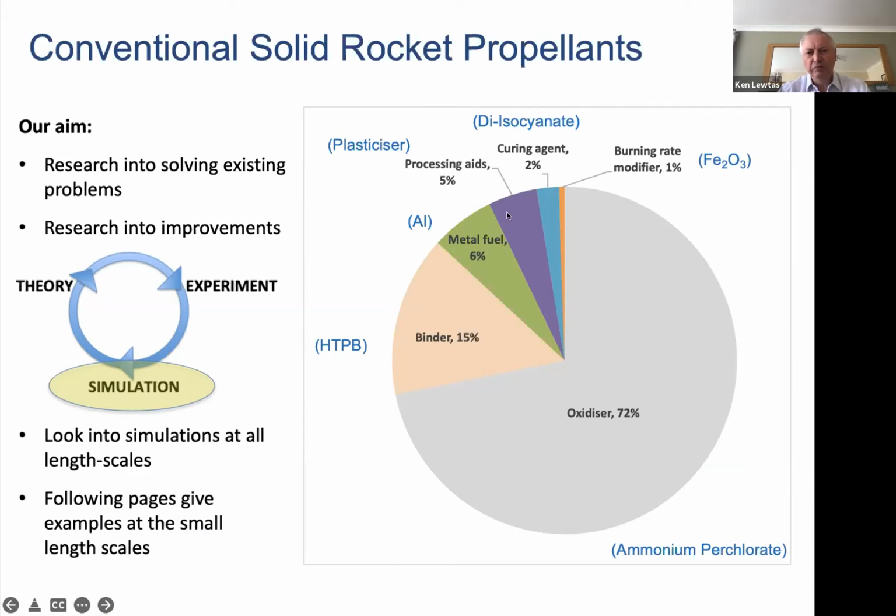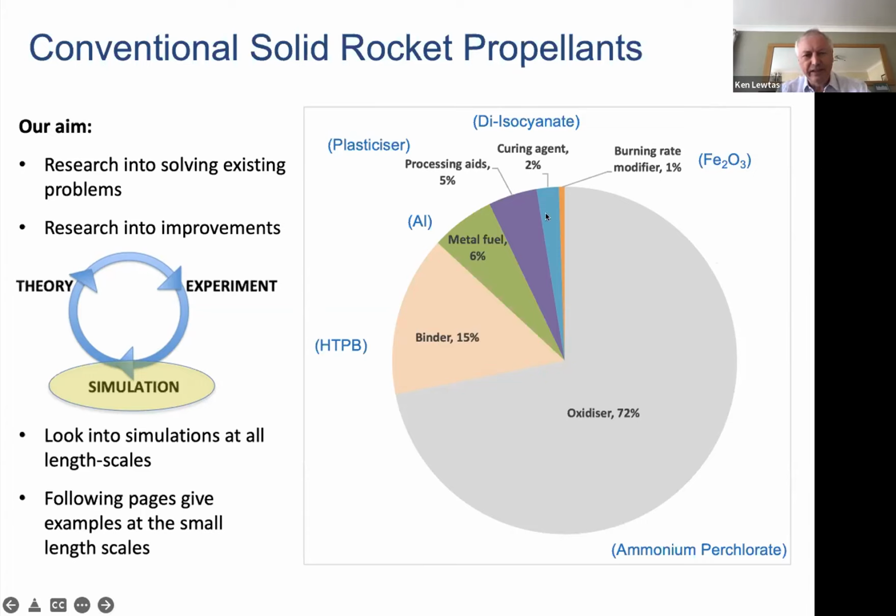Then you have a fuel, the processing aids. The polybutadiene is cured, it's cross-linked, and you have a cross-linking agent in there, which actually, it is a rubber, so that fixes the rubber in the rocket structure. And then you have things like burning rate modifiers in there.